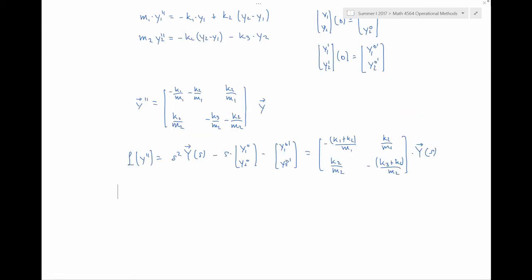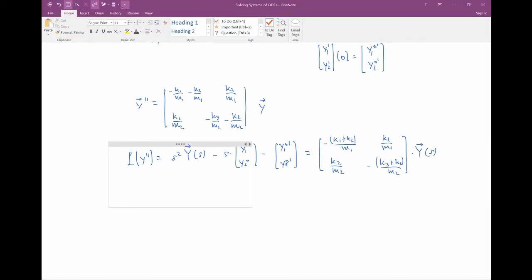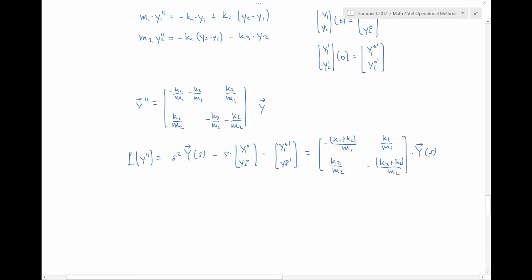Now let's join the like terms together. We get that Y of s will be multiplied by this giant matrix.